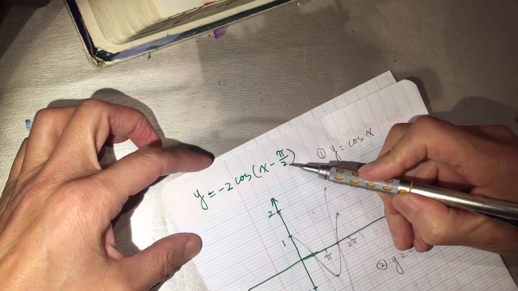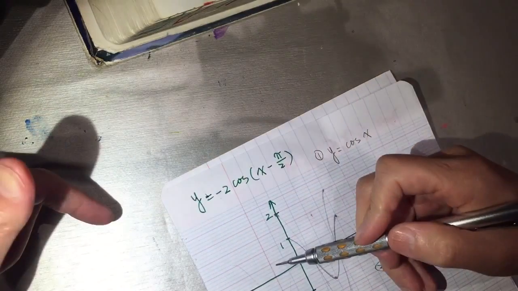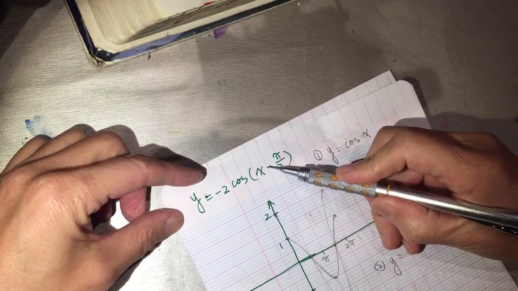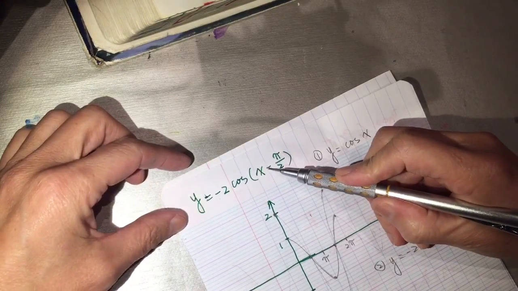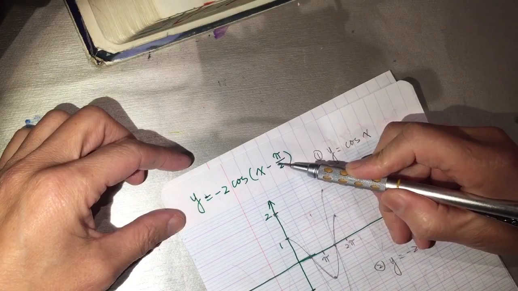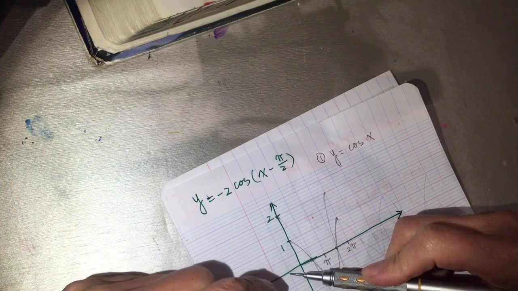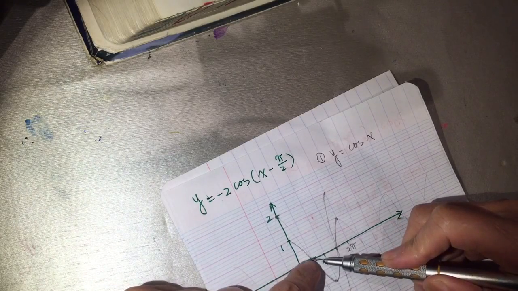Here, the third step, now we see the translation along the x-axis. If it is negative pi over 2, it moves to the right side.